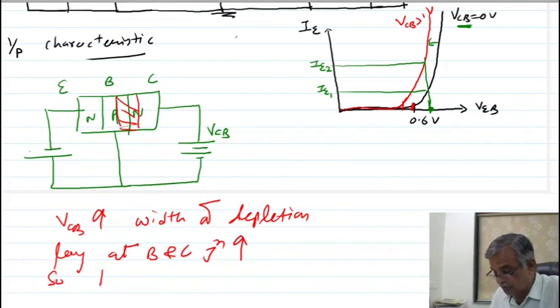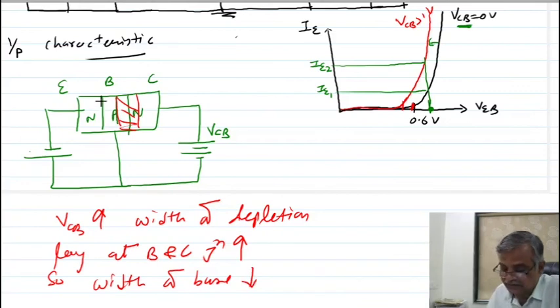So the base width, or you can say the width of the base, decreases. Here also a depletion layer is there. This base width decreases. Due to this, the emitter current increases.